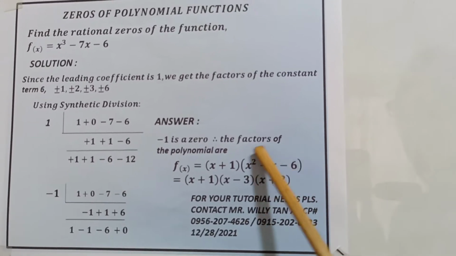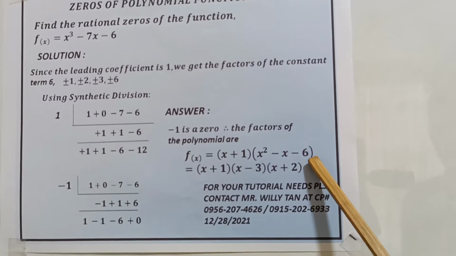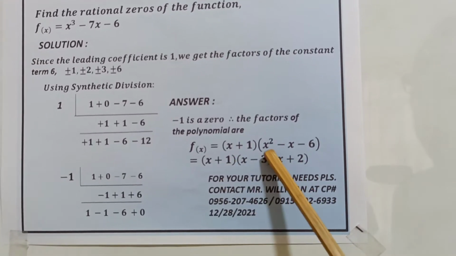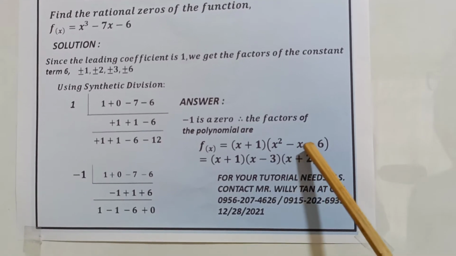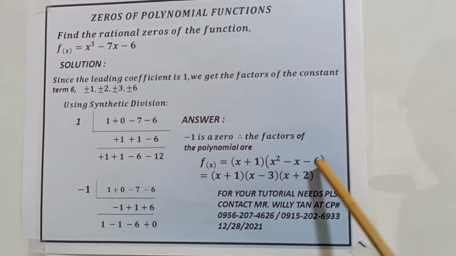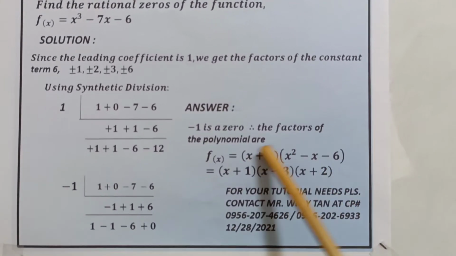The second factor is also factorable. We factor the trinomial x squared minus x minus 6, and the factors are x minus 3 and x plus 2.